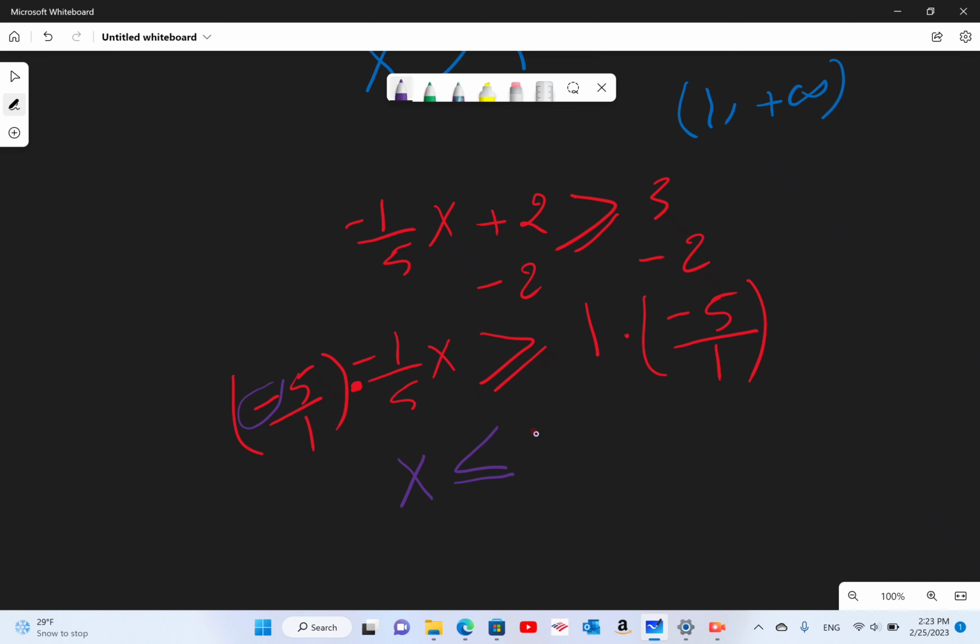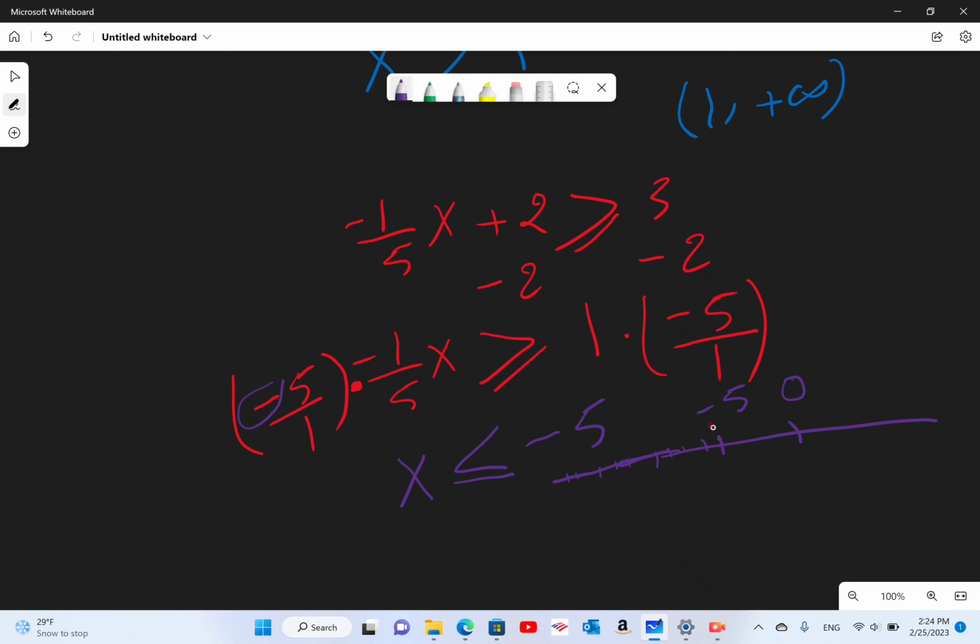So we get x is less or equal than negative 5. If we go back to our number line, if this is 0, negative 5 is somewhere here, of course less than 0, and when we say x is less than or equal to negative 5, it means that any number here less than or equal to negative 5 is a solution to this linear inequality.